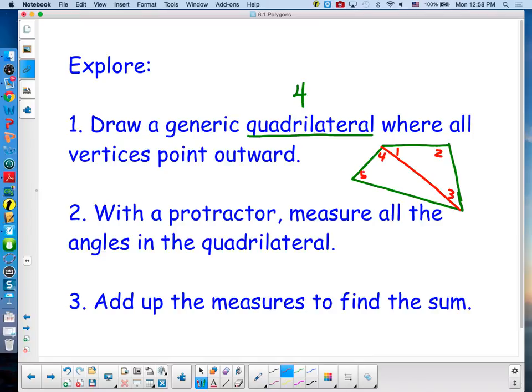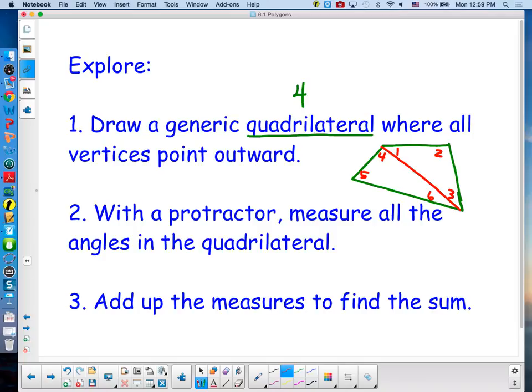How about 4, 5, and 6? 180. So all of those angles are the same as the quadrilateral. 180 plus 180. It should total 360. Now, if you're off by just a few degrees, like 357, 361, 358, there's a little bit of error when you're drawing and measuring, but we can't be off like 100. That was probably using the wrong numbers.